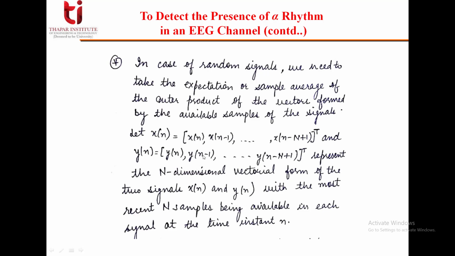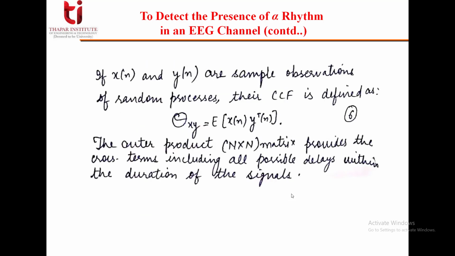Similarly for y, they represent the N-dimensional vector form of the signals x(n) and y(n), and we have taken capital N samples available in each signal at time instant n. Now if x(n) and y(n) are observations of a random process, then the formula to calculate the cross correlation function is given by equation 6, the expectation operator of x(n) times y transpose(n).